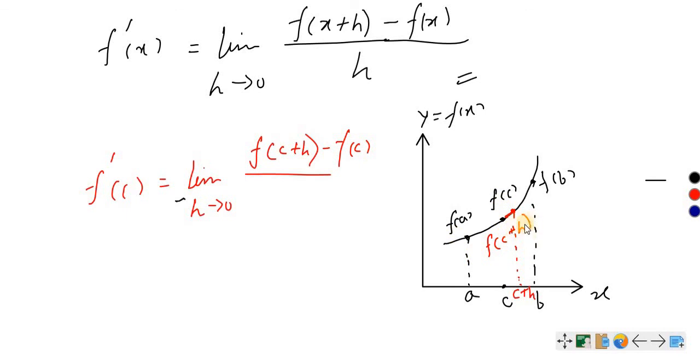It is h. As h becomes smaller, this difference will also become smaller and smaller. Here h is a very small quantity, or you can simply say del x equals h, a very small change in the value of x. So the derivative of the function at a particular point c can also be represented in this format.